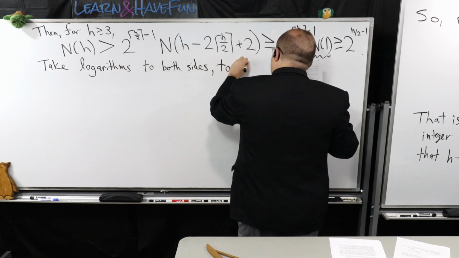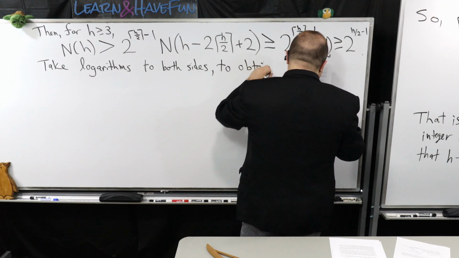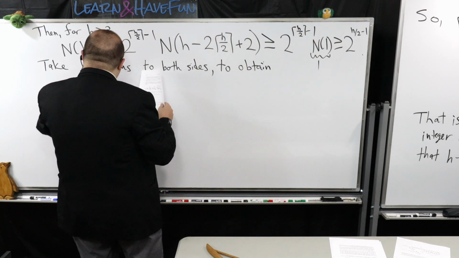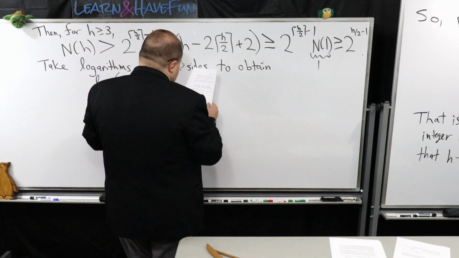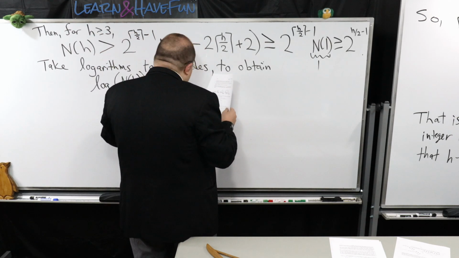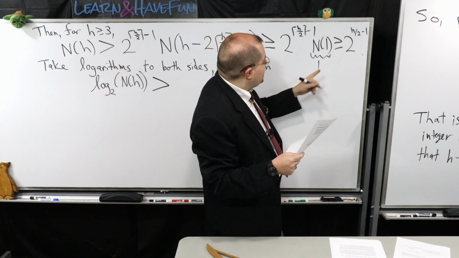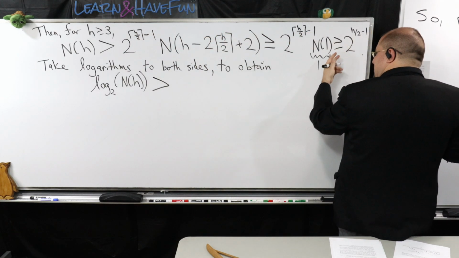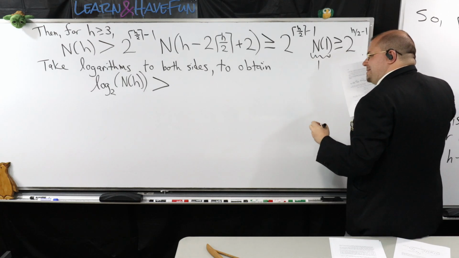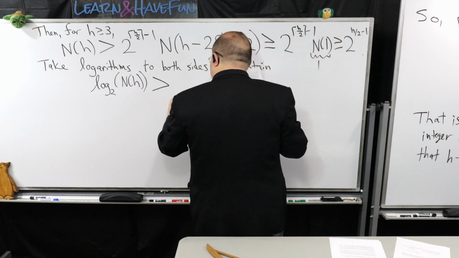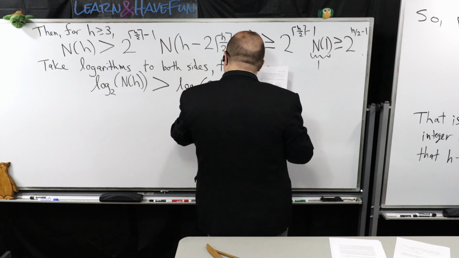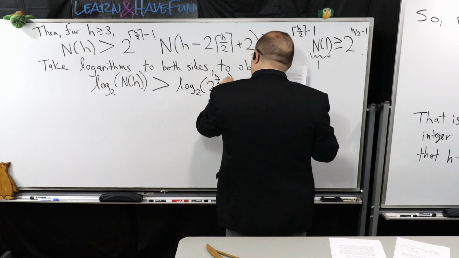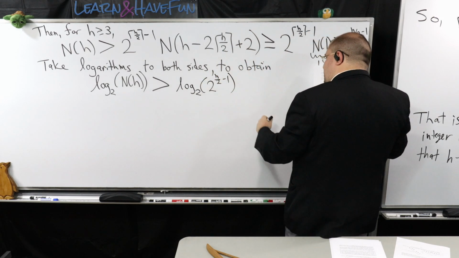to obtain the following. So we obtain that log base 2 of n of h is going to be strictly greater than, now remember, if I write this out in terms of a logarithm, this would be log base 2 of 2 to the power of h over 2 minus 1, where h over 2 minus 1 is in the exponent.